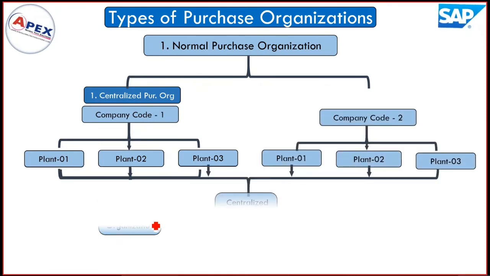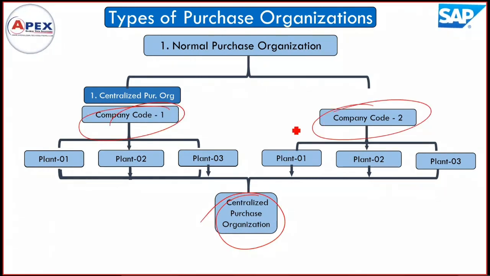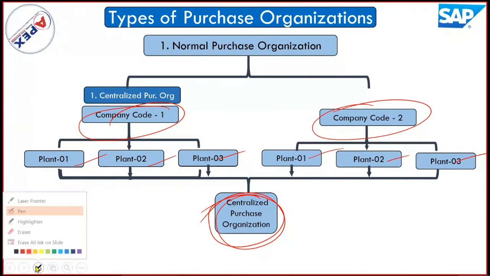Also, we can have multiple plants across multiple company codes. If you are maintaining one purchase organization for company code 1 and company code 2, which have multiple plants, and for all these plants we maintain one purchase organization, we call it a centralized purchase organization.